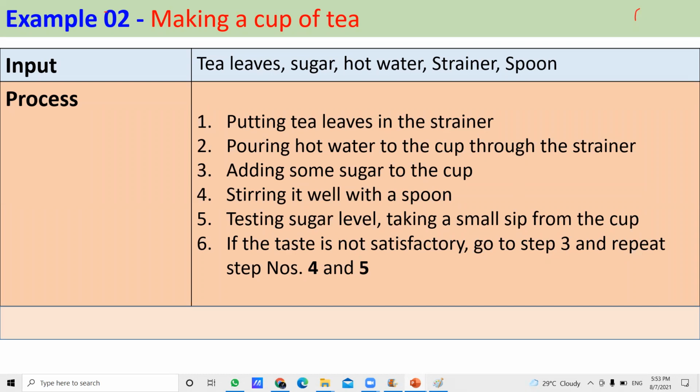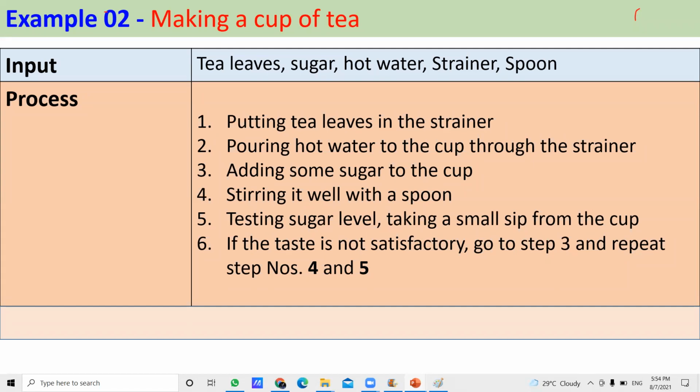Step number 1: put tea leaves into the strainer. Then pour hot water into the cup through the strainer. Then add some sugar to the cup. Then stir it well with the spoon, because stirring means mixing. The hot water, tea and sugar are there, so you mix it with the spoon.